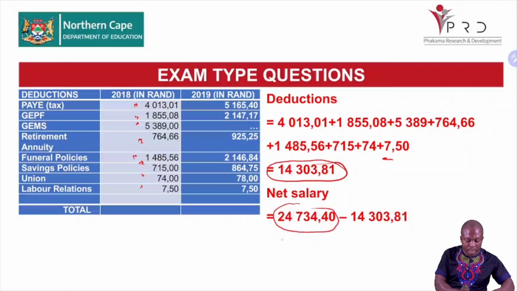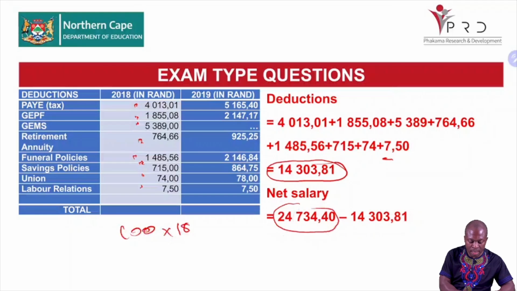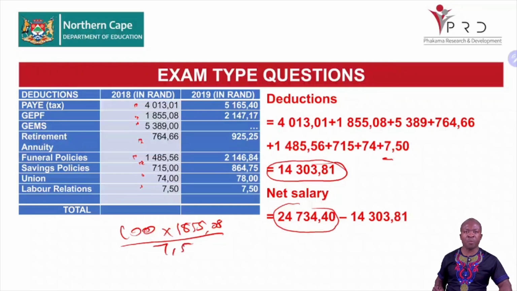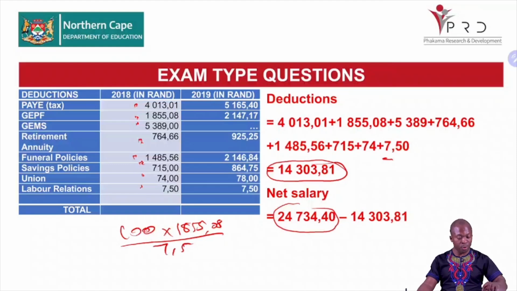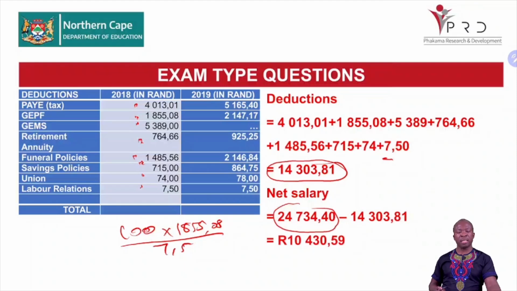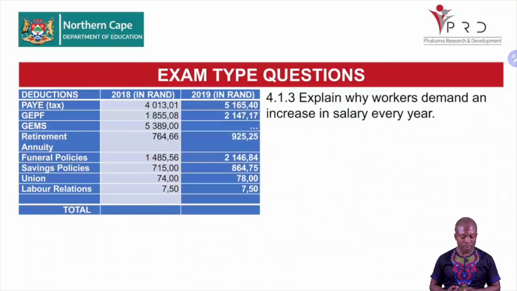If you don't remember, it was like this: 100 times 1855.08. Divide everything by 7.5. That's how we ended up getting 24,734.40. If you don't remember, now I've shown you again. So now we are subtracting the 2. It means that after deducting everything, Ubuntu is left with 10,430.59.